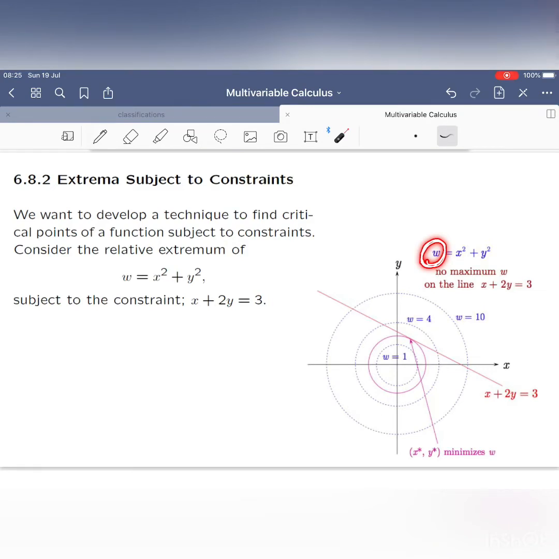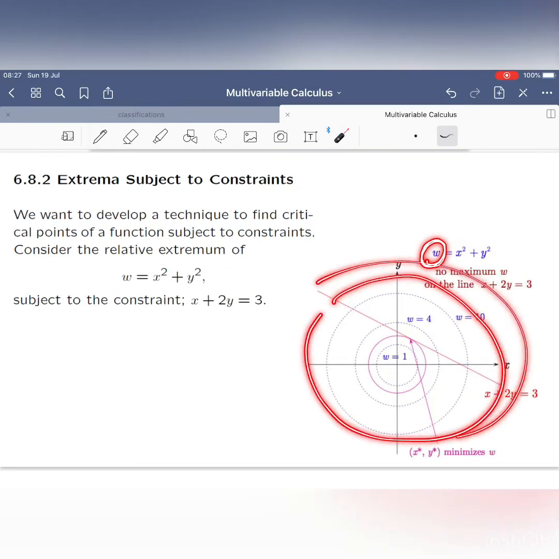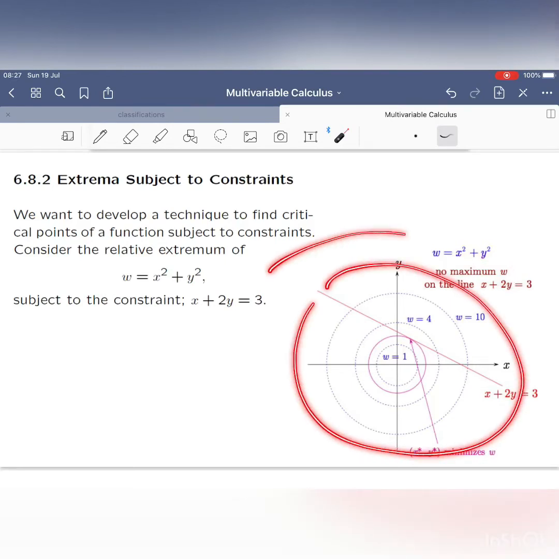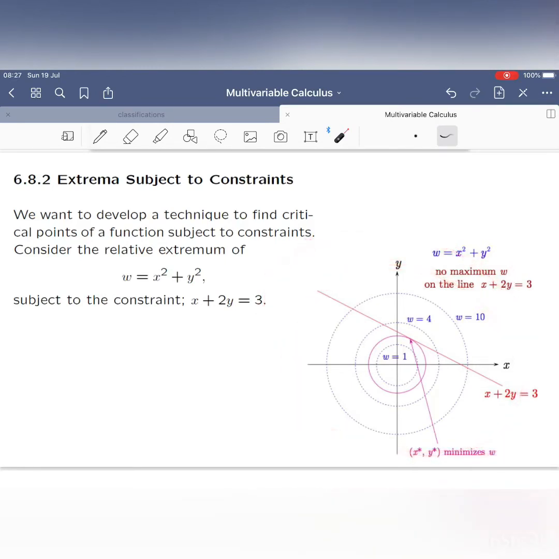As the size of the circle gets bigger and bigger, you still can find a point that is on this circle and also on this line. So it means that you cannot reach any maximum of w, because your circle can get as big as you can imagine. This is the idea.